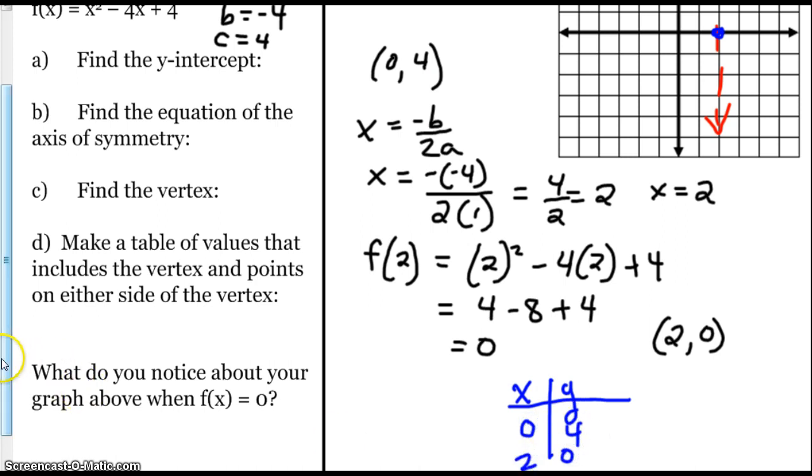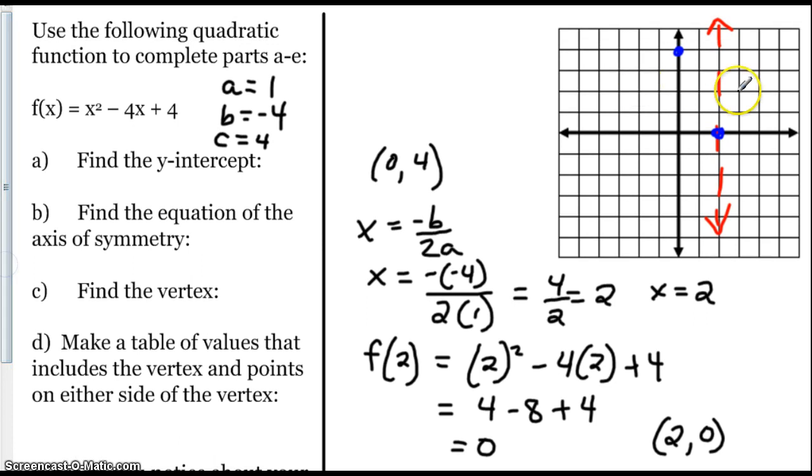We can find other values by just using our knowledge of the axis of symmetry. So because this point we found has to be symmetric on the other side, we can reflect that point over our axis of symmetry. So we know that there has to be a point at (4, 4), because our parabolas are symmetric.